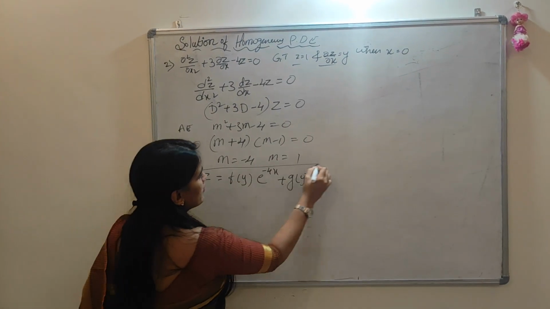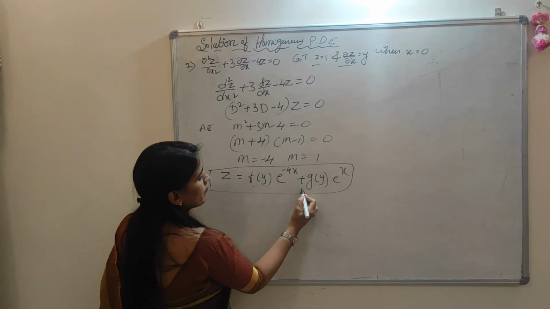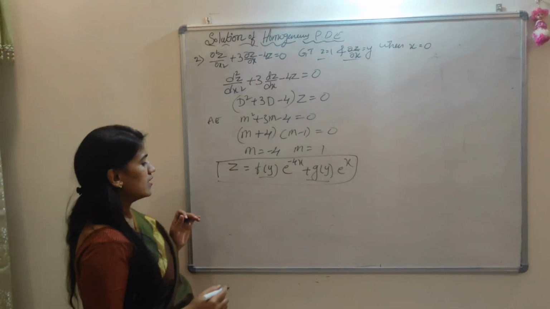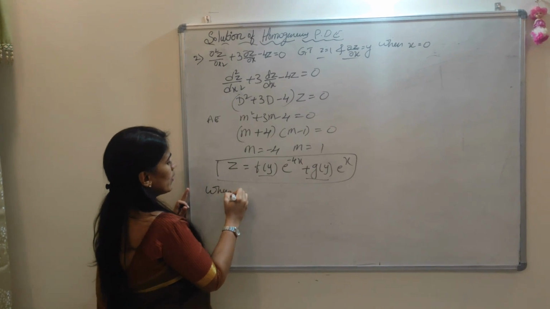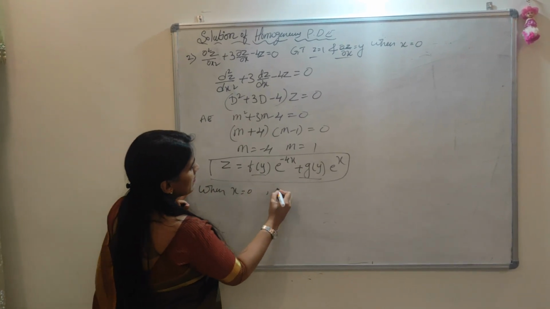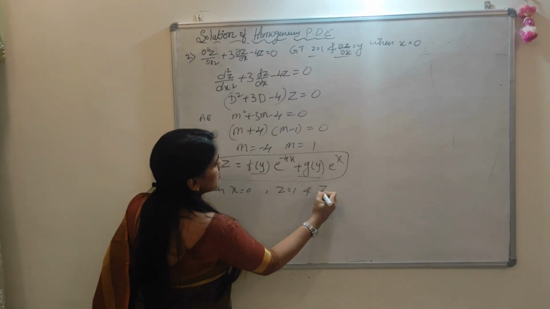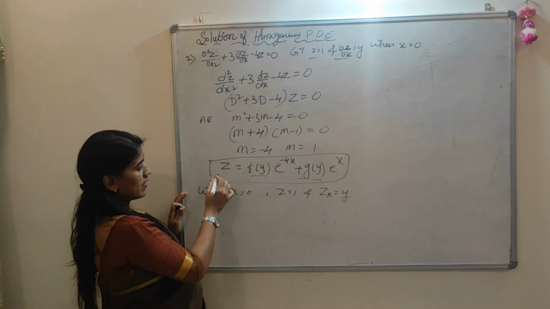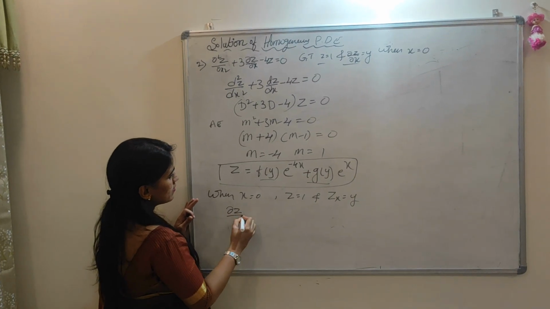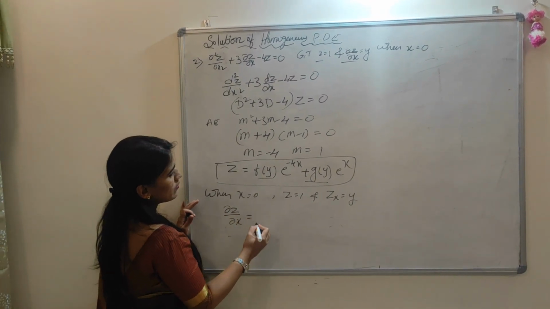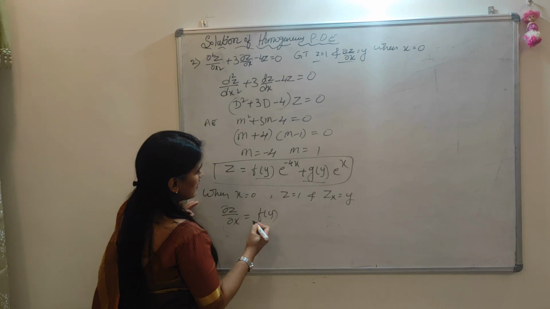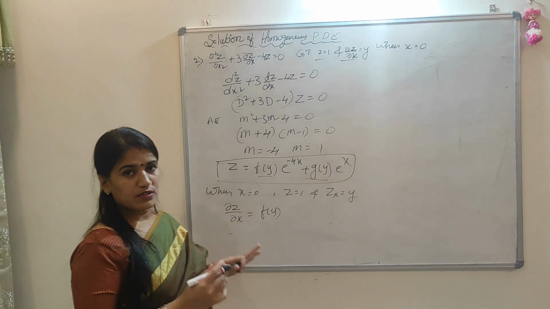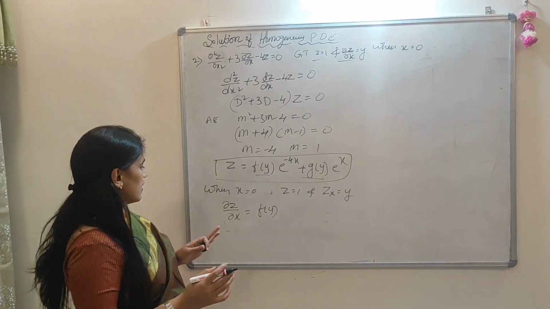Now after this we need to find f(y) and g(y) using the condition. The condition is when x is 0, z is 1 and ∂z/∂x is y. First we find ∂z/∂x. Here f(y) is constant because we are doing partial differentiation with respect to x, treating y as constant.